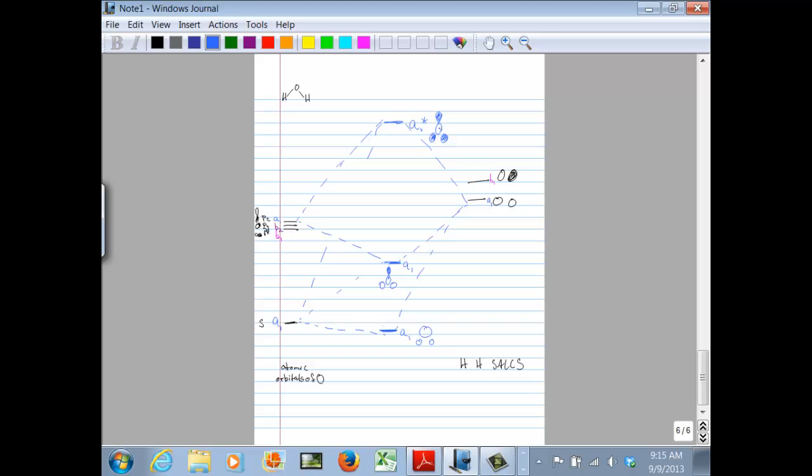Does that make sense? Why I'm drawing? So I could draw the S orbital up here like this, and there's certainly some degree of S character in that antibonding orbital, but it's going to be mostly PZ because it's closer to the PZ energy level. Capiche? Okay. All right.